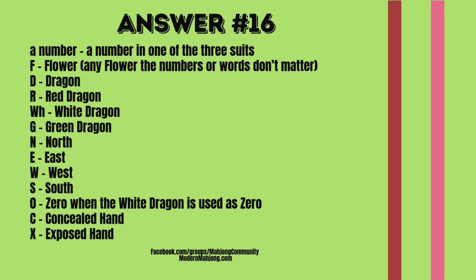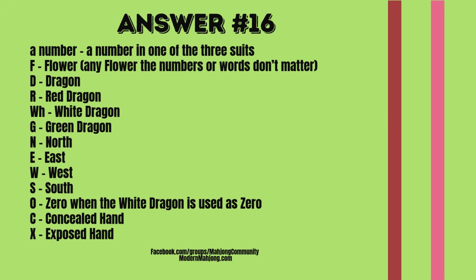F is a flower, and you don't need to worry about the words or numbers written on them. D is a dragon, and it depends on how the hand on the card is written whether it matches or opposes. R is not on this year's card, but has been in the past for red dragon. WH has been on the card for white, and G for green. N, E, W, S are for north, east, west, and south, respectively.